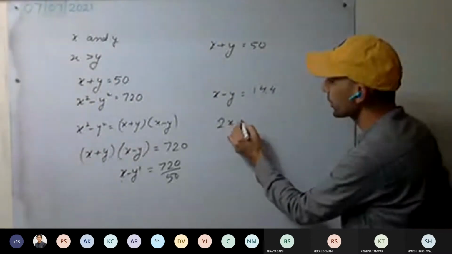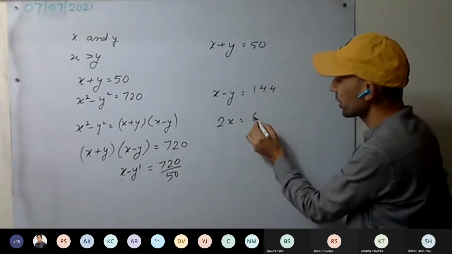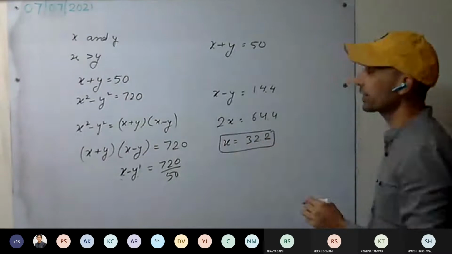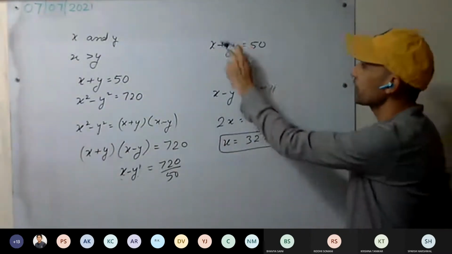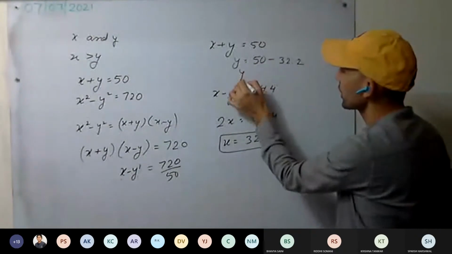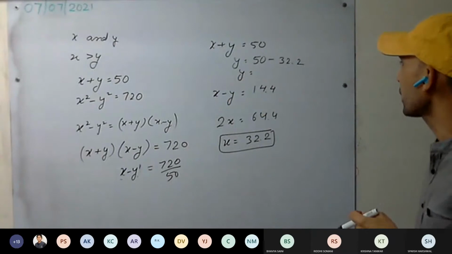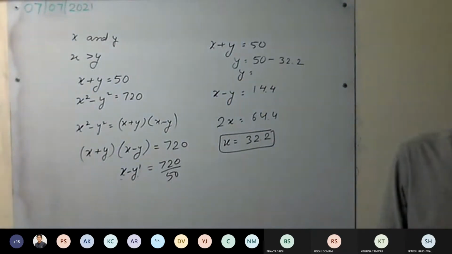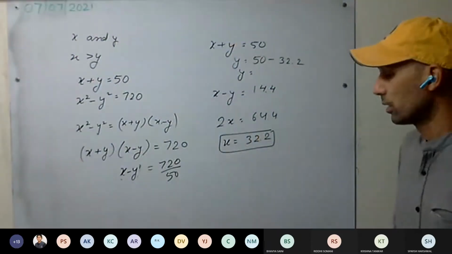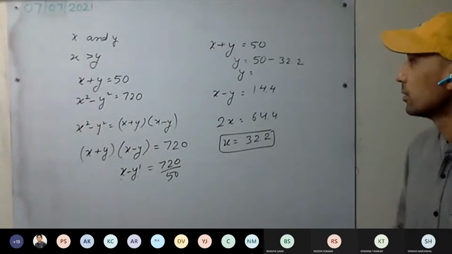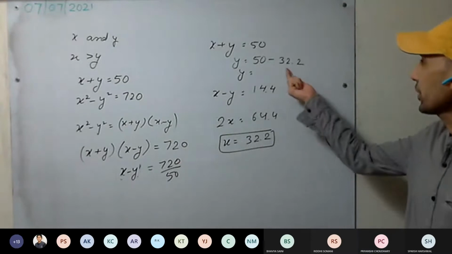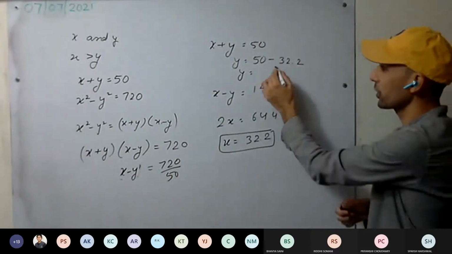By adding, we get 2x equals 50 plus 14.4, which is 64.4, so x equals 32.2. Now calculate the value of y: 50 minus 32.2 gives 17.8. So y equals 17.8.